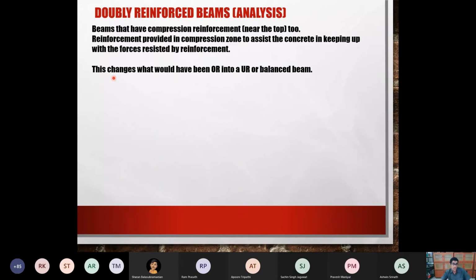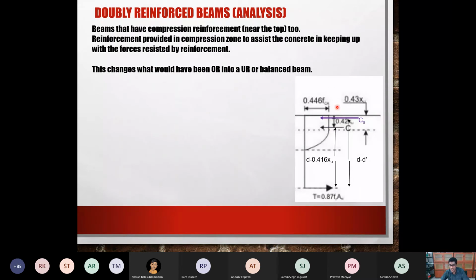This changes what would have been an over reinforced beam into an under reinforced or balanced beam. Once you make it a doubly reinforced beam, the target is that the concrete should not fail in compression on the top. You are once again making sure the failure happens at the bottom, in the tension reinforcement.